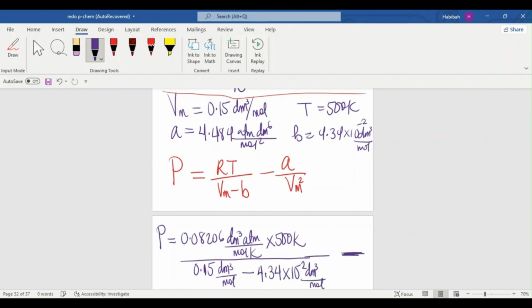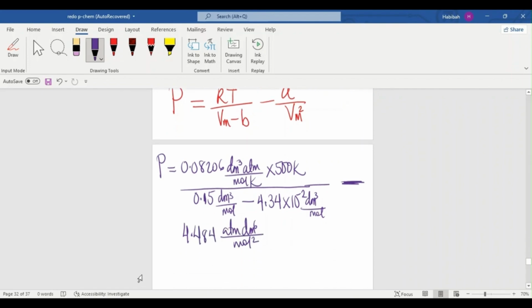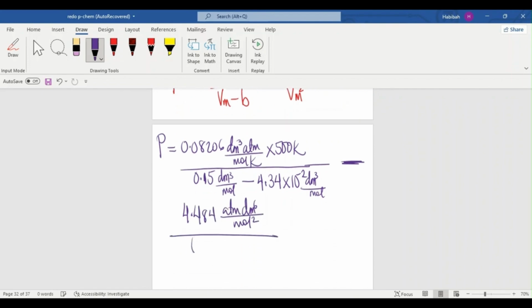So minus A, which is just 4.484 atm dm6 per mole squared divided by Vm squared. So that would be 0.15 dm cube per mole all squared.